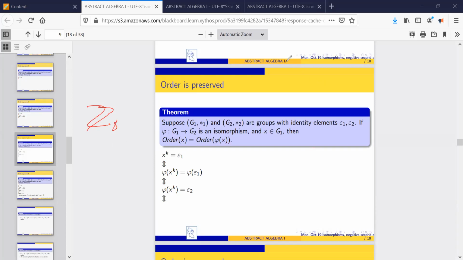So Justin, not any reordering, not any renaming of the elements. Actually, yeah, I suppose you can do any renaming of the elements. Like if you just want to call 1, 2, you can do that. But we can do a more interesting isomorphism from Z8 to Z8.